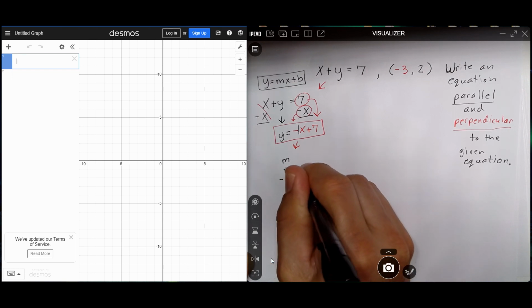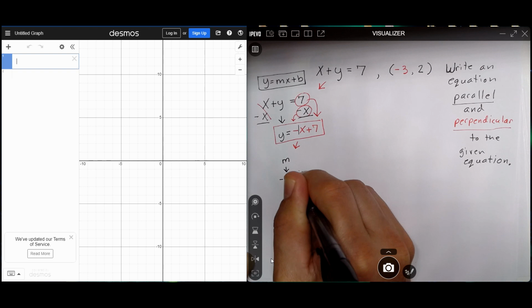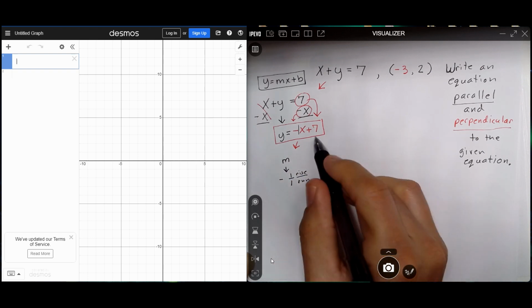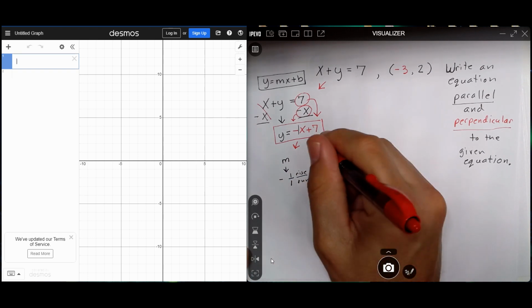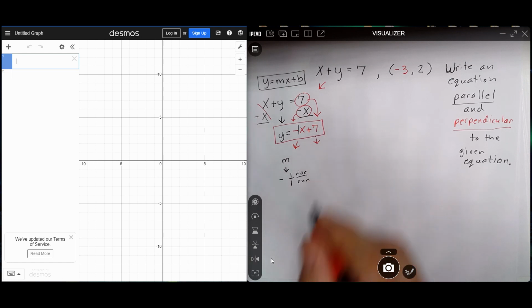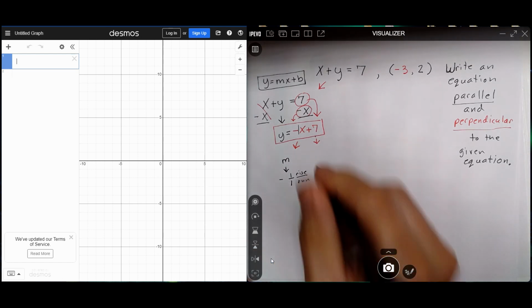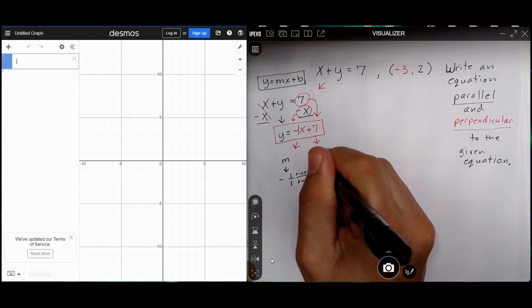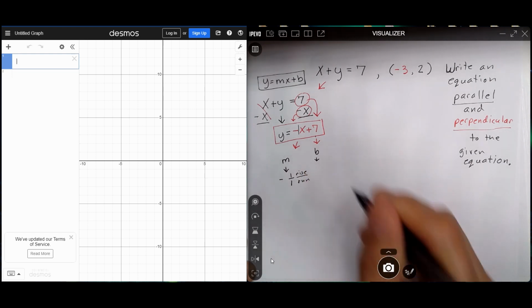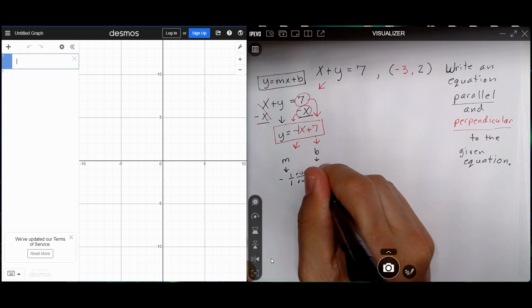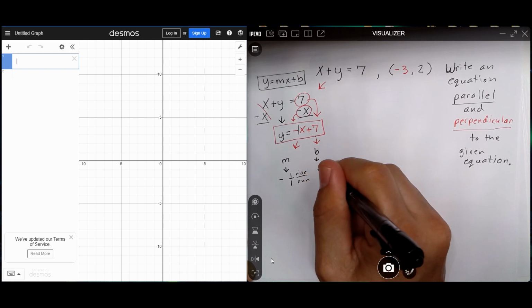And that's my rise over my run. And then this 7 right here, that's going to be my y-intercept. So that's what we normally would say is our b value. And 7 is the y-intercept.